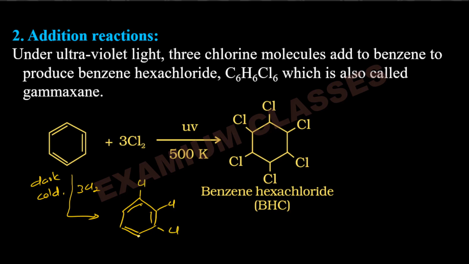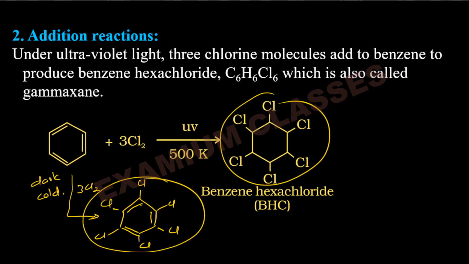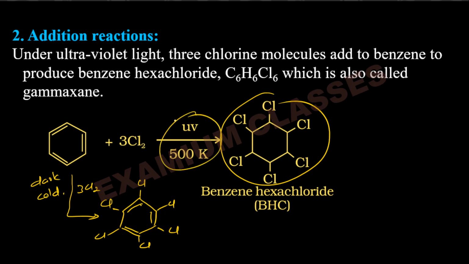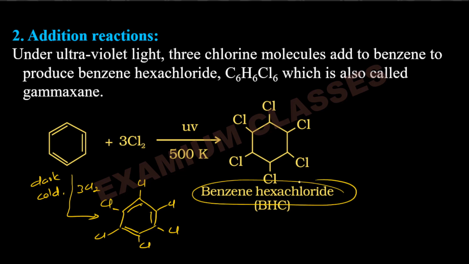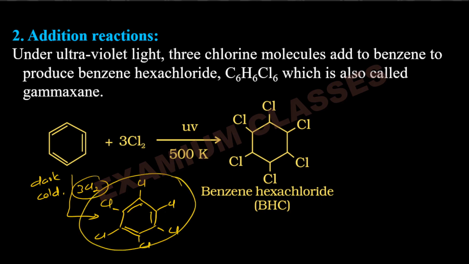All hydrogens were replaced by chlorine. So these two compounds are different compounds. Conditions are different. If we have UV light 500 K, then benzene hexachloride is produced. If we have chlorine in dark and cold, then hexachlorobenzene will be produced.